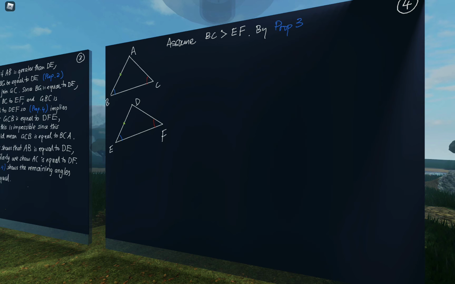So we're going to construct a point H on BC such that BH is equal to EF, right? So we're going to mark it in the diagram, H on BC, right? So we're going to drop a line from here to here. There's an H here such that the lengths BH, EF are the same, right? So these two are the same.